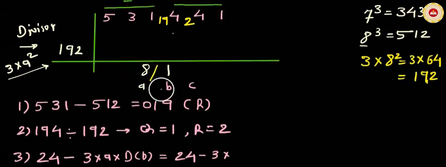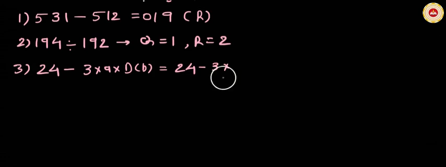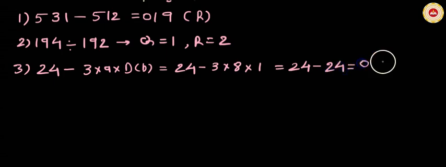A is 8, B is 1. So calculate duplex of 1. Duplex of 1 is 1. So let us solve it. 24 minus 3 8s are 24, 24 1s are 24. That is 24 minus 24 is 0, which is our net dividend.